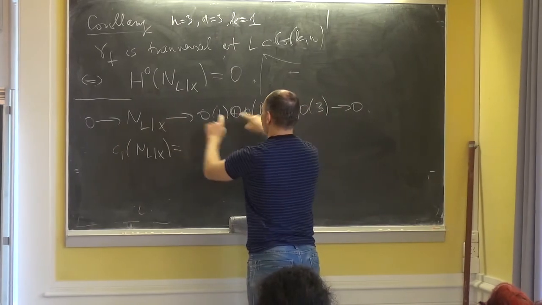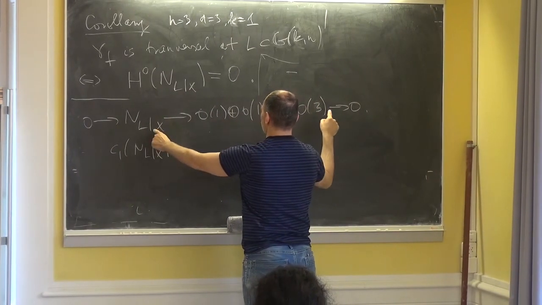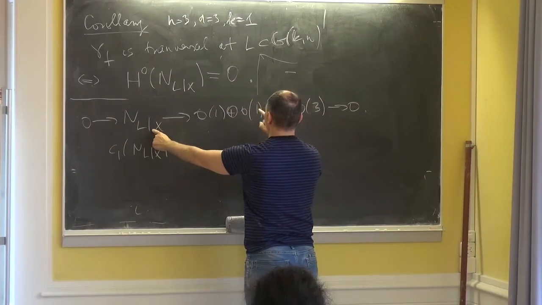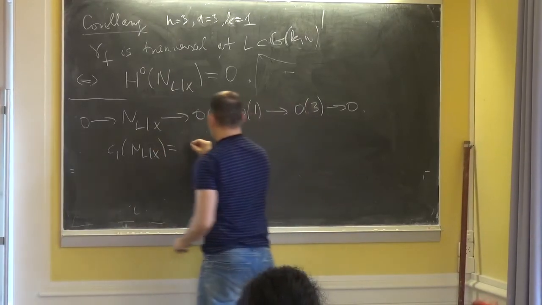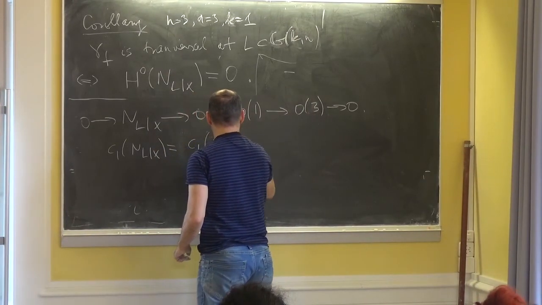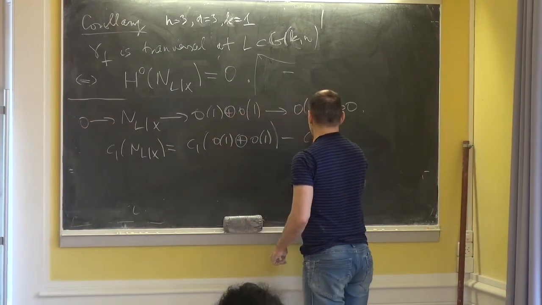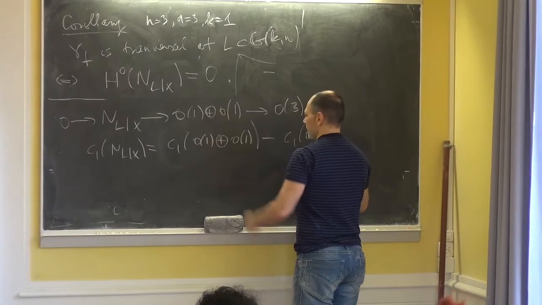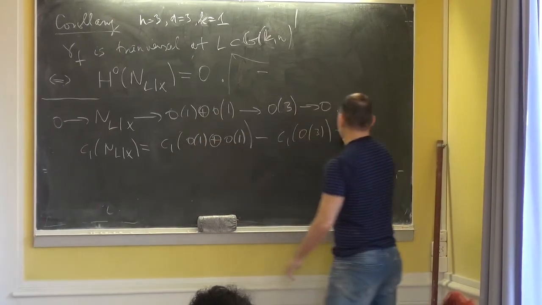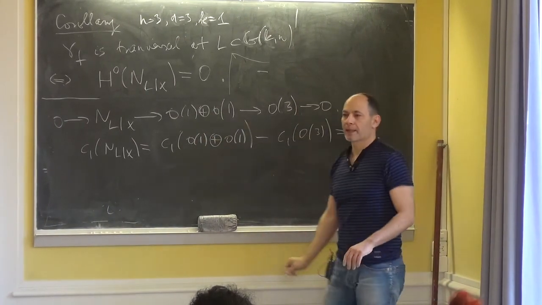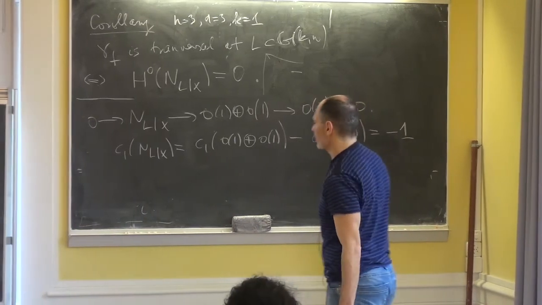Because the sum of these two is this. So this is this minus this, right? So it's C1 of O1 plus O1 minus the C1 of O3. And this is, of course, 2 minus 3 when you calculate it, so you get minus 1. Okay? Times Xi, I mean.